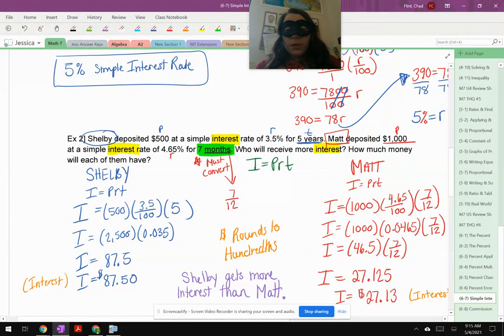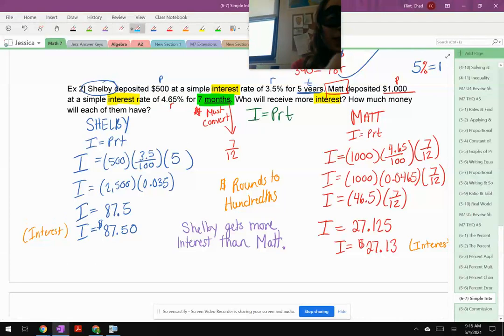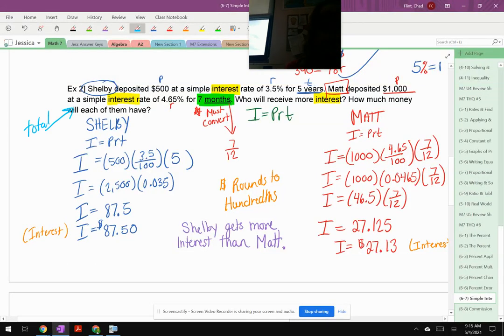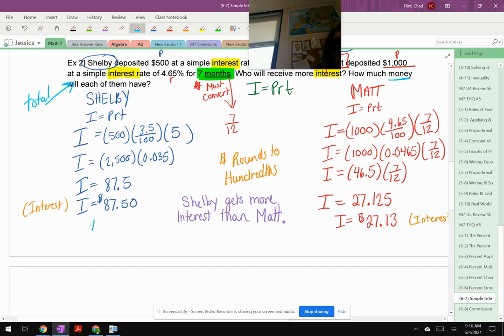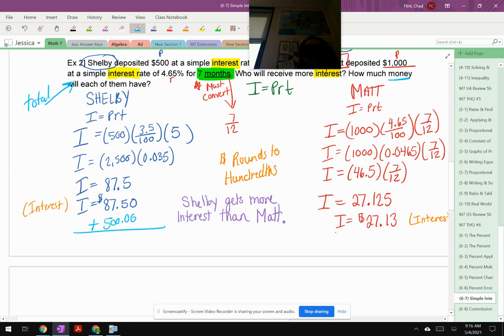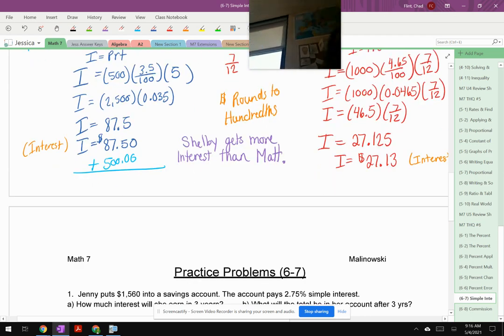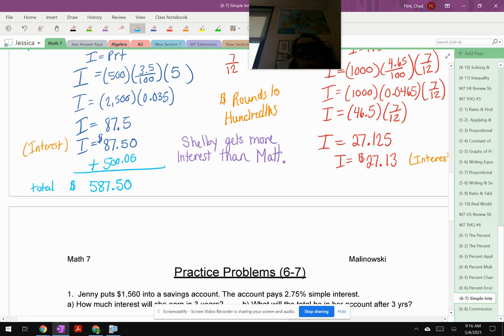Okay. However, there was a second question here. How much money will each of them have? That is asking for a total there at the end. So Shelby doesn't just have $87.50. Shelby has that plus her $500 that she initially put in. So Shelby has a total of $587.50.